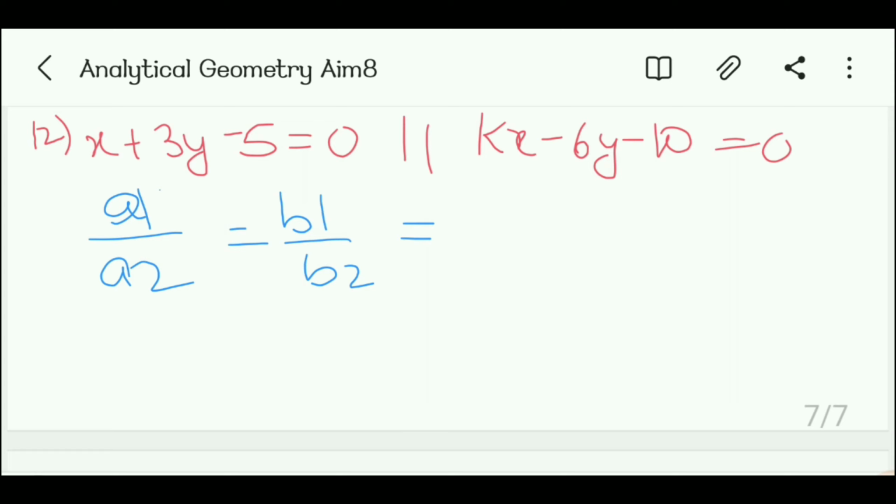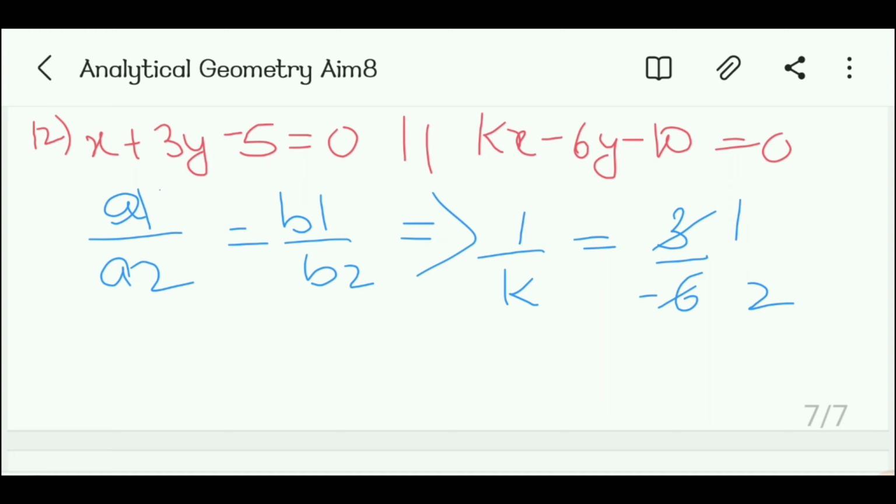Now what is a1? It is 1, right, divided by what is a2? Here you can see it's k. So now 1 by k I will write is equal to, what is b1? b1 is plus 3. So 3 by what is b2? Minus 6. Now what we will do? 3 ones are 3, 3 twos are 6.